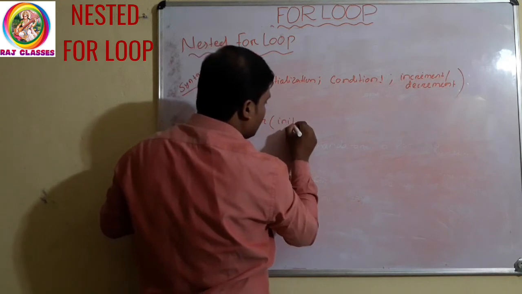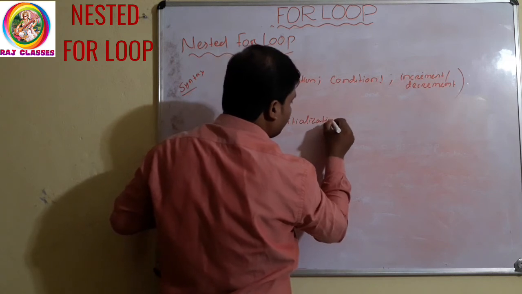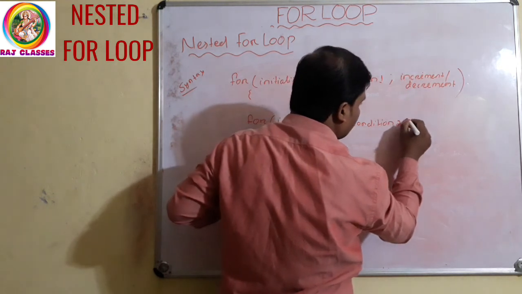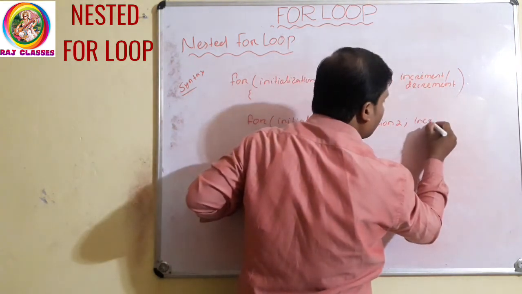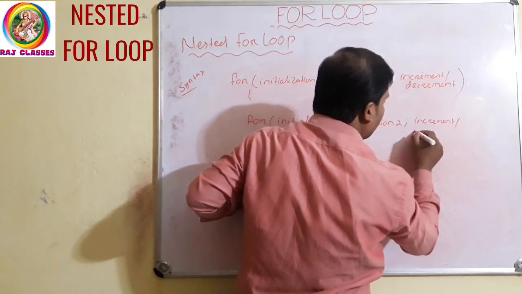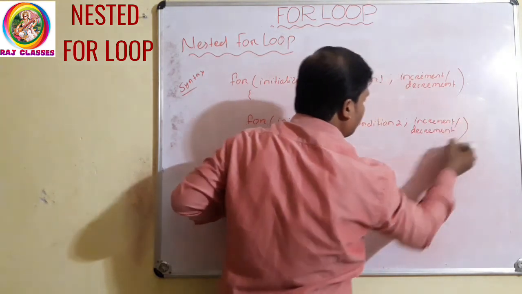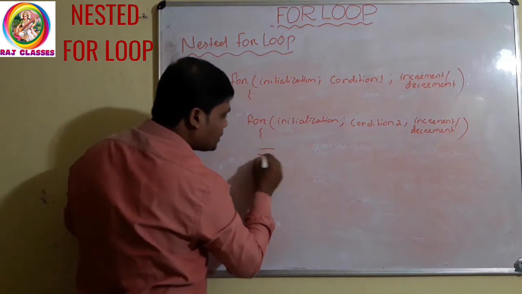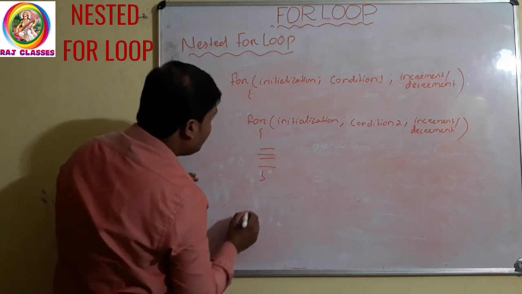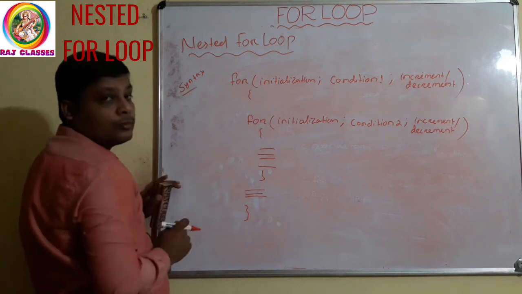For, there will be an initialization part, there will be a condition part, and there will be an increment or decrement part. Clear? And there will be some statements. And this is the end of the inner for loop. Then some statements are there. Then this is the end of the outer for loop.